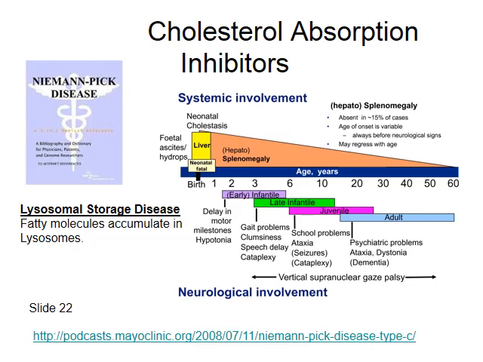If you look from birth up to adulthood, basically what you see is a lot of CNS toxicities, a lot of problems with the liver, a lot of problems with the spleen, and so this is a very serious condition.